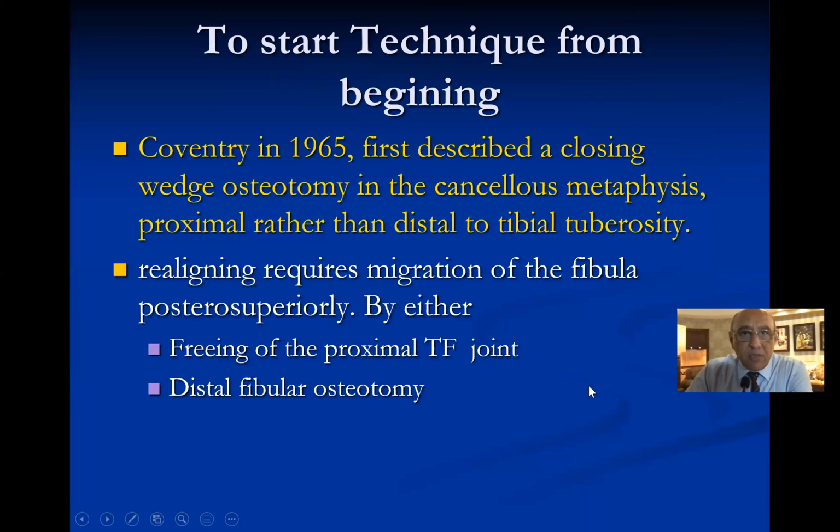To start the technique from the beginning, Coventry in 1965, over 50 years ago, first described a closing wedge osteotomy, proximal rather than distal to the tibial tuberosity in these cancellous metaphyses. But realigning the tibia requires migration of the fibular strut posterior-superiorly, and this could only happen by freeing the proximal tibiofibular joint or doing a distal fibular osteotomy.